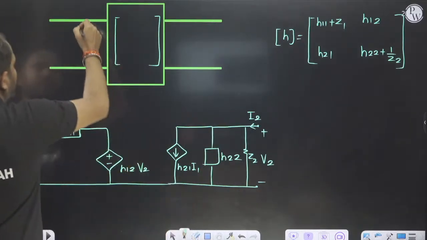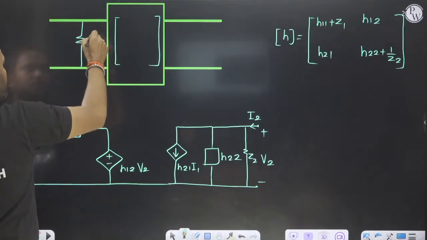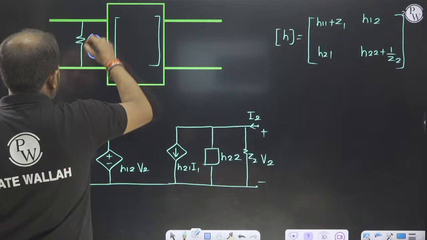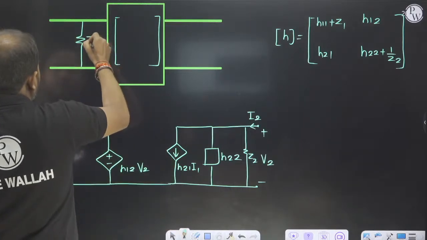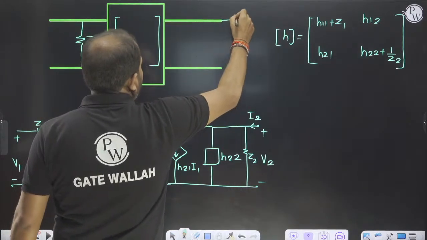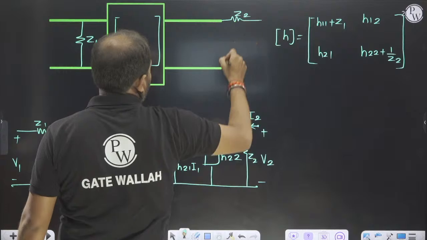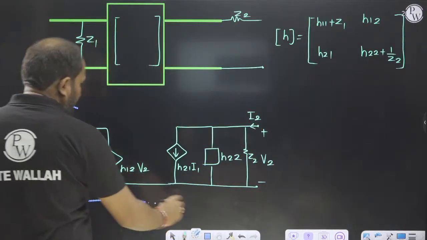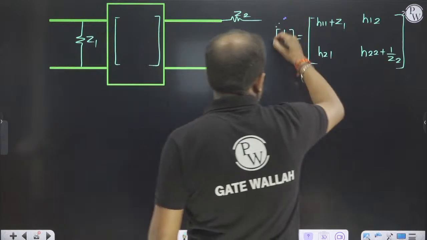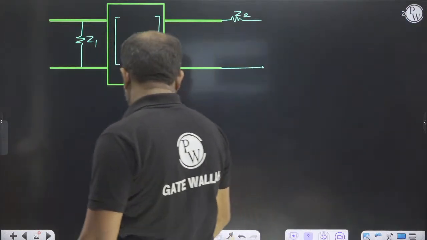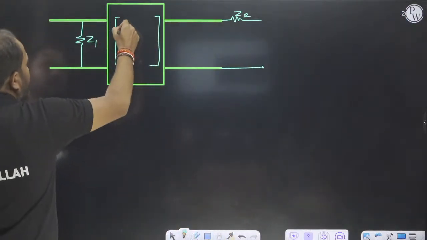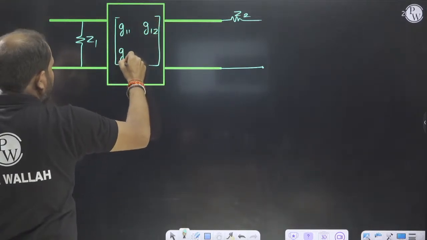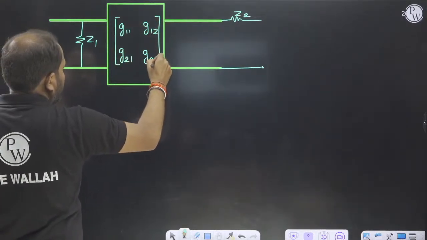Then the G parameter will be given. In this case, what will we do? This is our G parameter with Z1, and in series Z2. The question will be given like this, so you have to find the G parameter: G11, G12, G21 and G22.